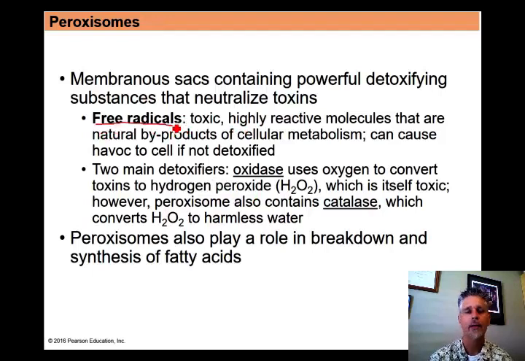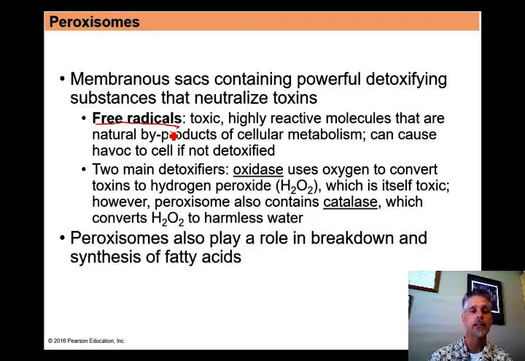So you hear about free radicals when you're talking about different types of superfoods, etc. These are ones that can really damage cells, can potentially cause them to become cancerous maybe, but the peroxisomes work to actually get rid of those free radicals or at least detoxify them.